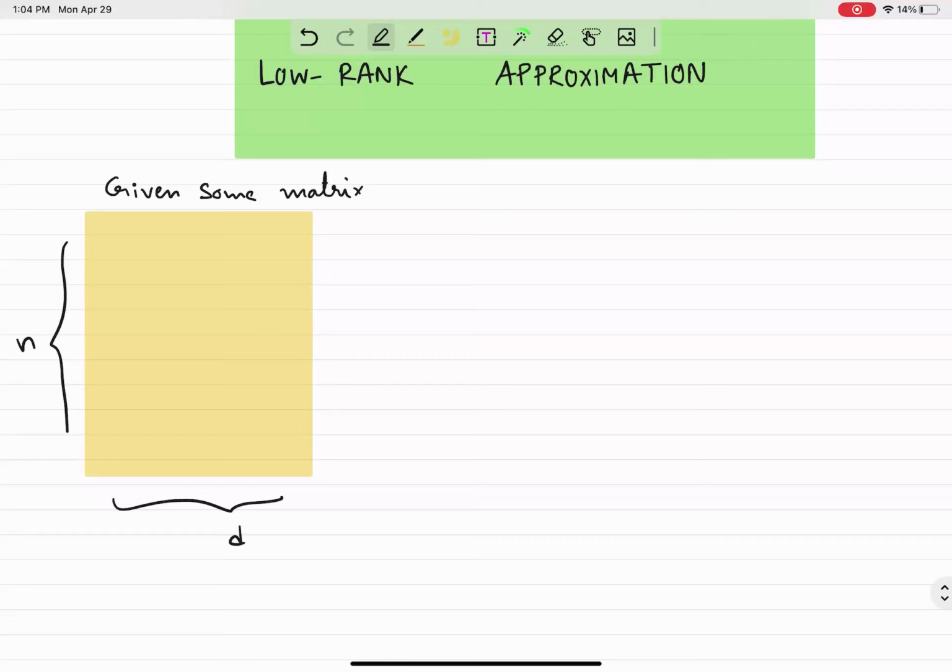Let's call it X. This is too big a matrix, so you want to approximate it by a simpler matrix.